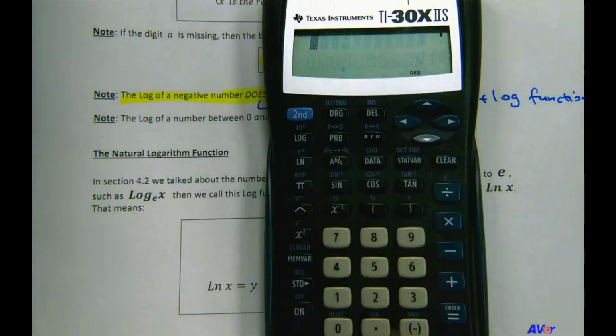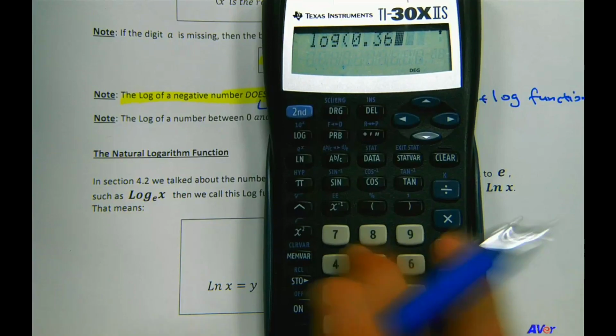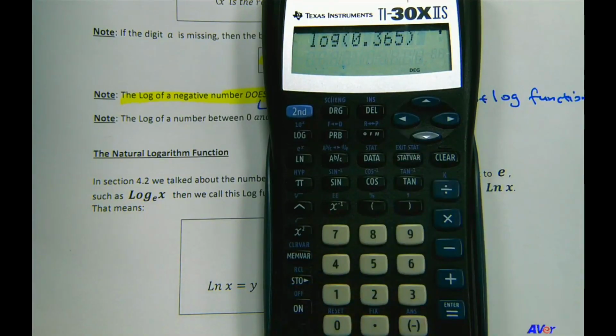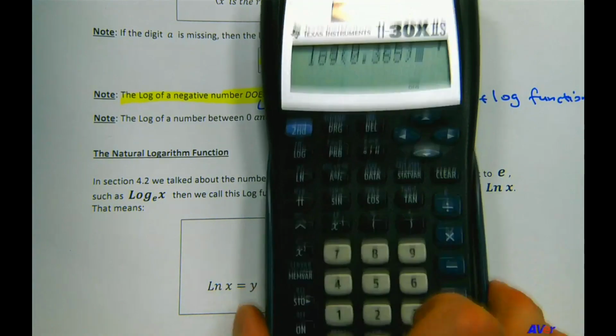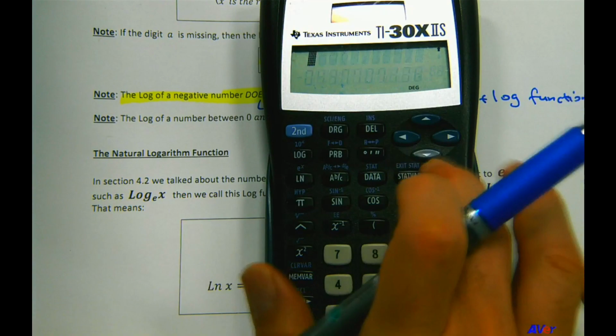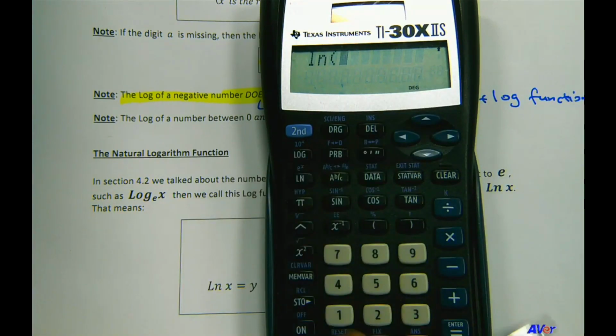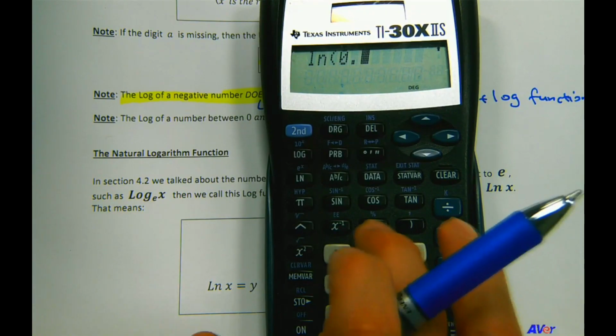I'm going to say log of 0.365, which is a number between 0 and 1. So the log of it must be some negative number. There it is, minus 0.4377. Okay? We can do the same example with the natural log of a positive number that is between 0 and 1.